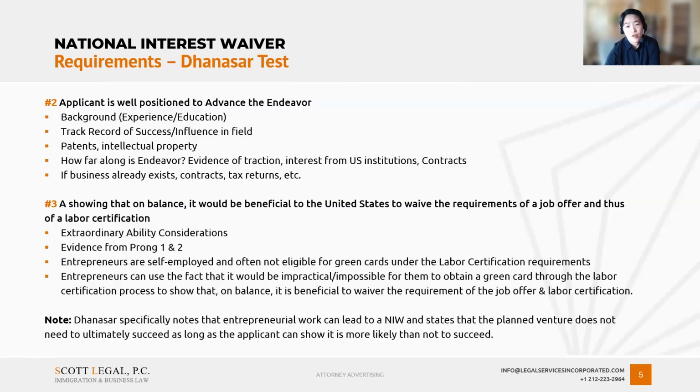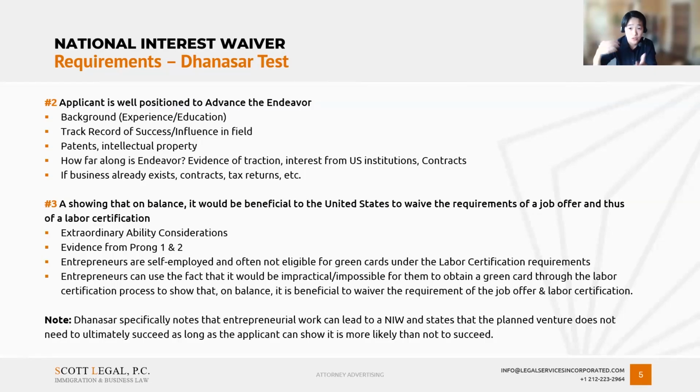The final and third prong is that you must be able to show that on balance, it will be beneficial to the United States to waive the requirements of a job offer and thus of a labor certification in your particular case. And we can point to extraordinary ability considerations, such as if you've received awards in your field, if you've judged the work of others, if you've published scholarly articles and things like that.